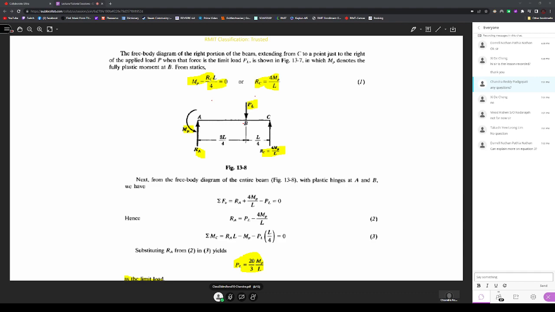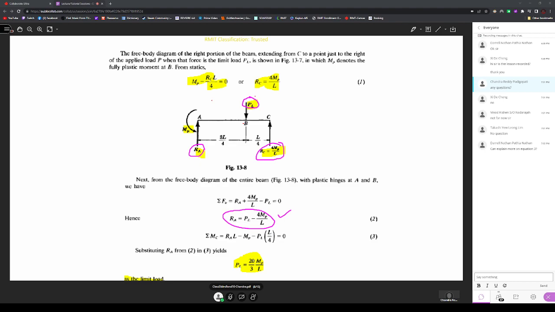Our aim now is that we know the reactionary force at A and the reactionary force at C. We know RA in terms of the plastic load, P subscript L. So when the load increases to the plastic load, the reactionary forces at A and C we could find out just by applying the equations of equilibrium.